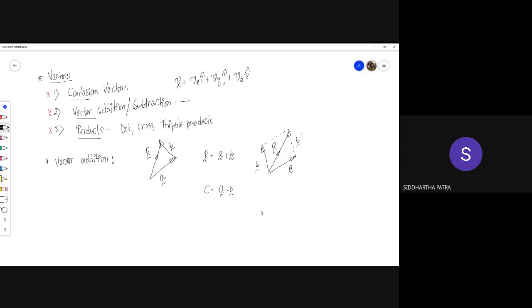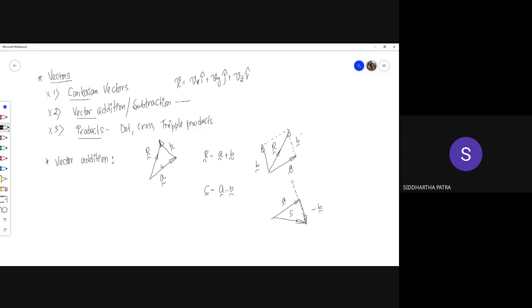There is A, and there could be B, but instead in the opposite direction I'm taking minus B, and then this is the subtraction of B from A, which is another vector.